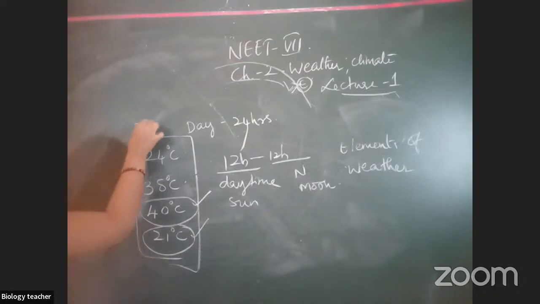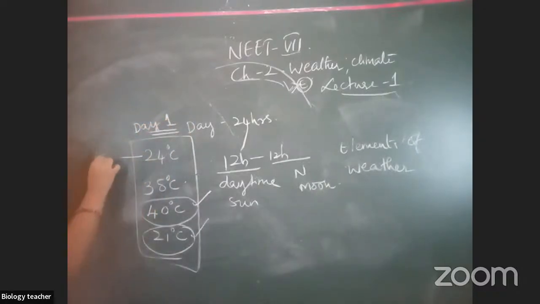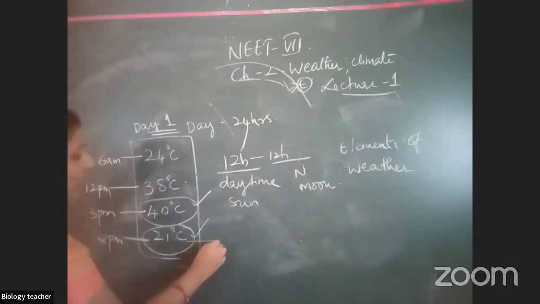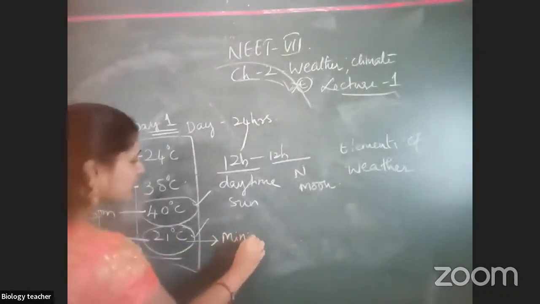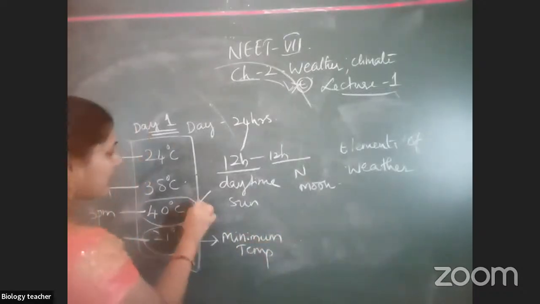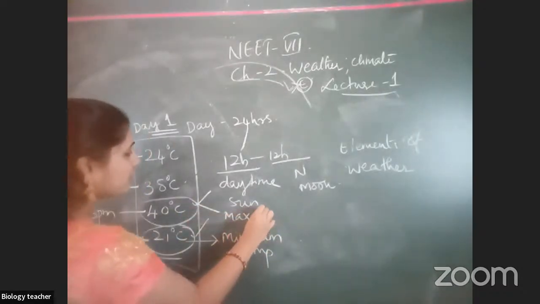For example, day 1, these are the readings: at 6 a.m., at 12 p.m., at 3 p.m., and at 8 p.m., and this is the minimum temperature and this is the maximum temperature.